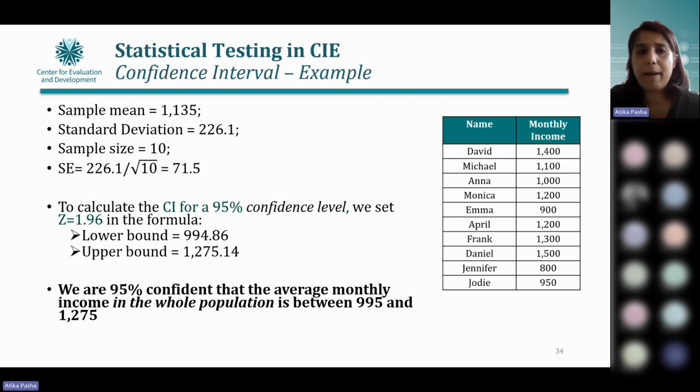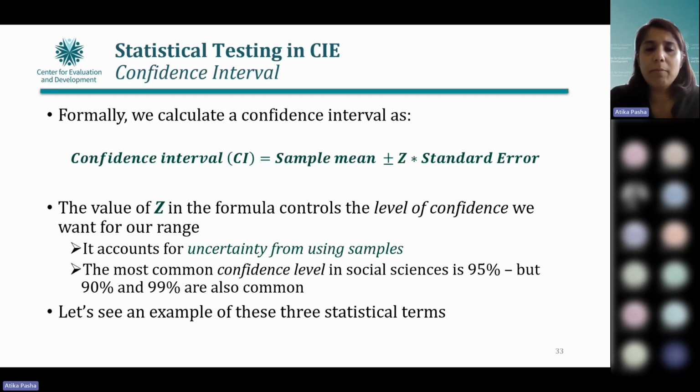Now, plugging it back into the formula, we want to estimate it for the 95% confidence interval. Relying on the particular test that we are interested in, the Z value at which the confidence level is 95% is 1.96. So plugging all of these values into this formula, we have 1135, we have 1.96, and then we have the standard error, which is 71.5.